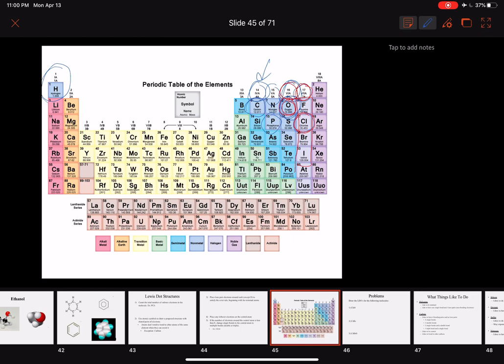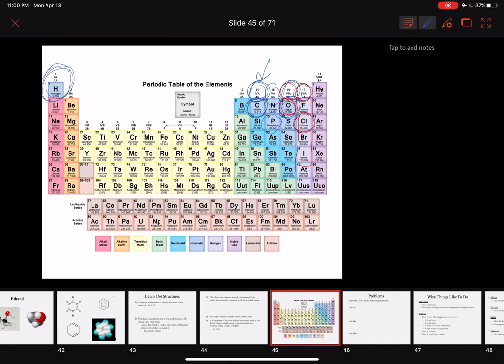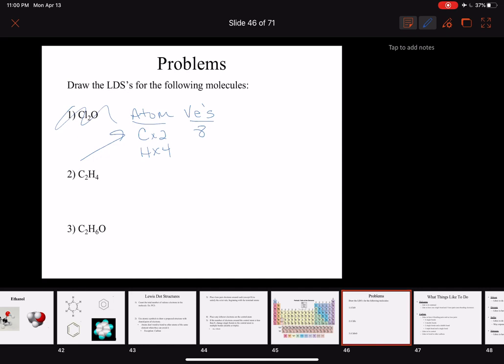Each carbon has 4 valence electrons, and we've got 2 of those, so 2 times 4 is 8. And each hydrogen has 1 valence electron because it's in group 1 or 1A, and we've got 4 of them, so that gives us 4 electrons from those 4 hydrogens, and that's 12 electrons total. So we have 12 valence electrons to work with here.